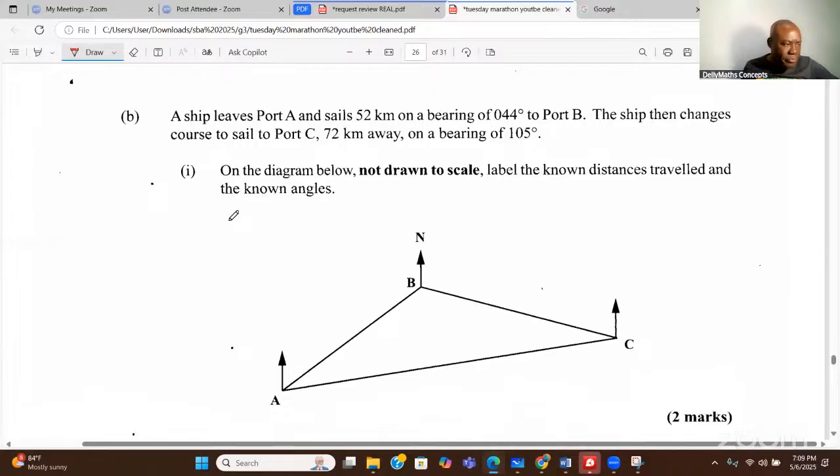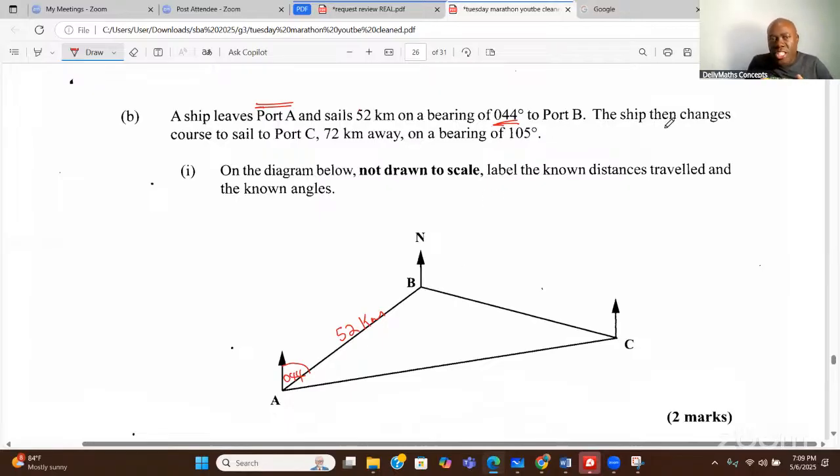Let's get it. All right, so for this trig question, it says a ship leaves port A and sails 52 kilometers to B on a bearing of 044. I'm just going to put this on.